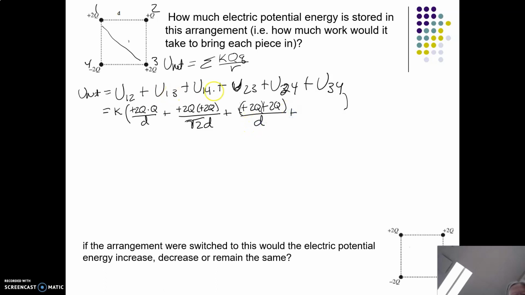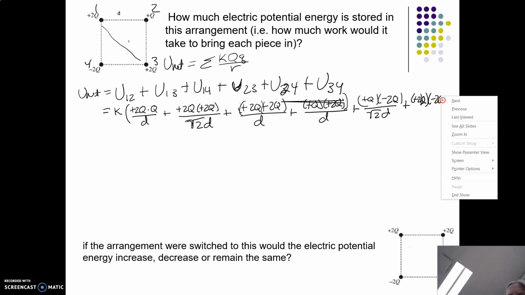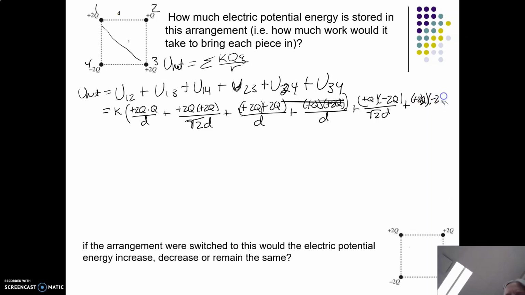And then we have our next one, which is our 2, 3. That's 2 pluses there. We have a plus Q times a plus 2Q all over d. Our 2, 4, we have a plus Q and a negative 2Q all over root 2 d. And our last combination here is the 3, 4, which is the plus 2Q, minus 2Q, all over d.